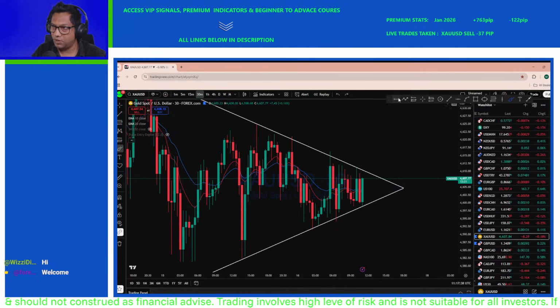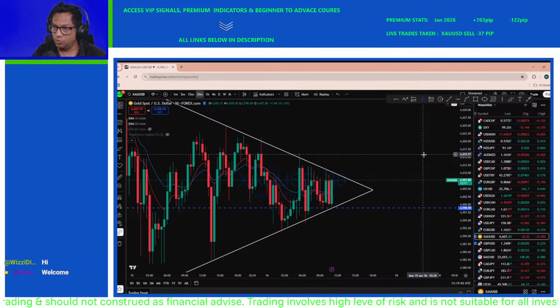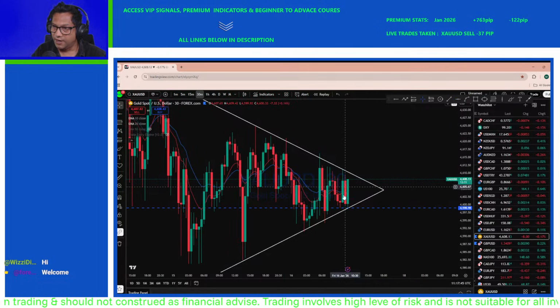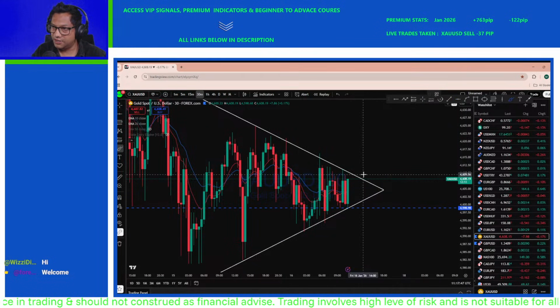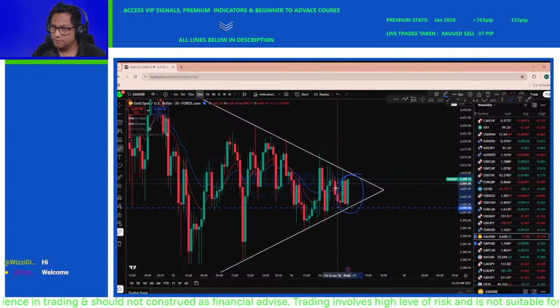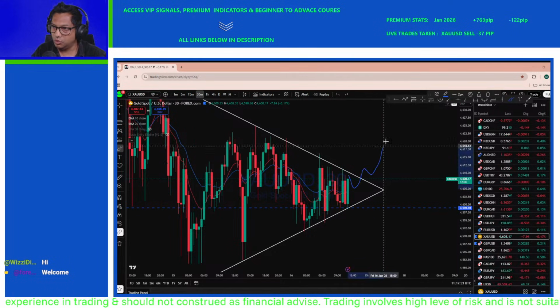This is a key support level, and with this support level, expecting the market to trend, drop down here, and then return again back to the upside.